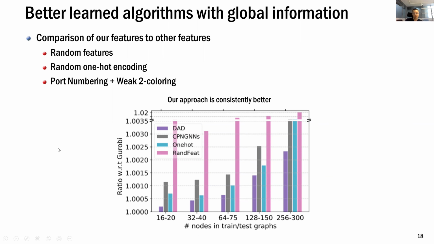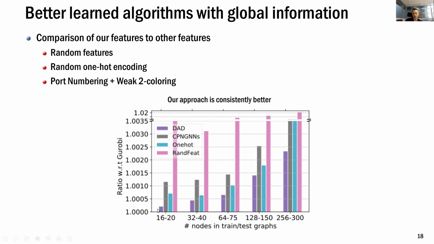So in this particular minimum vertex cover problem, we look at the approximation ratio for those graph neural net-based policies learned with a specific type of features. And this DAD approach, a differentiable algorithm search approach, based on this cheap solution to some kind of approximating structure, is giving you algorithms which have an approximation ratio much closer to 1.